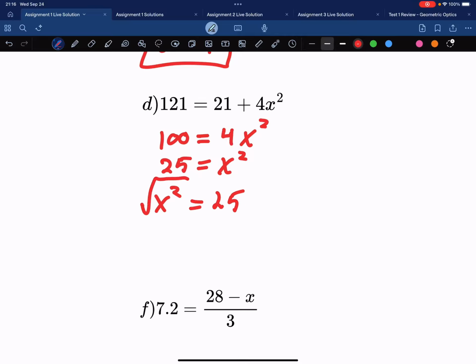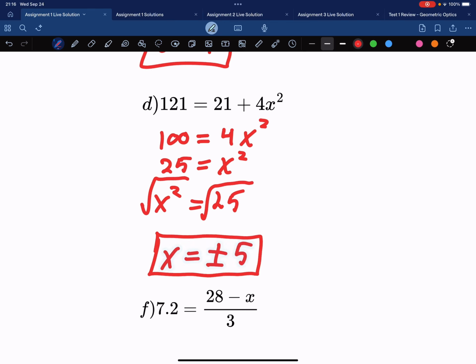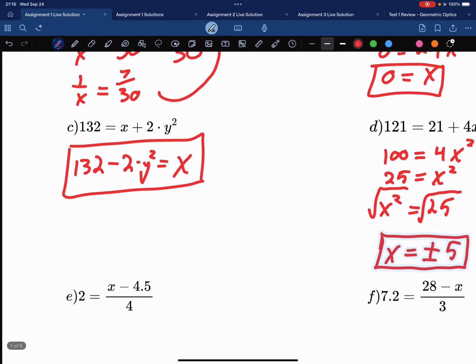I'm going to square root everything. So I'm going to get x equals, now plus or minus. There are two possible solutions here because I'm taking a square root. Square root of 25 is 5, positive or negative. So if you square -5, you still get 25. So that is our solution there.